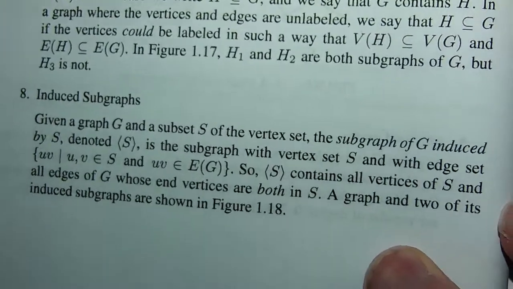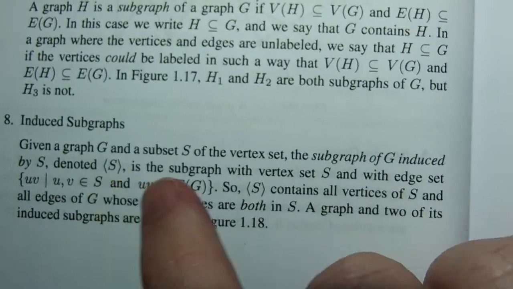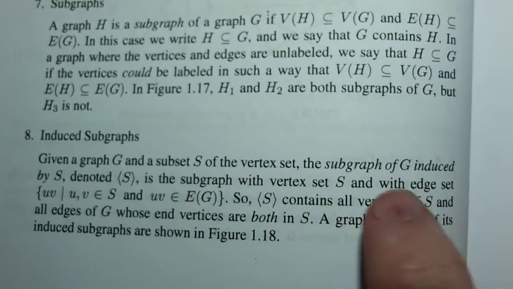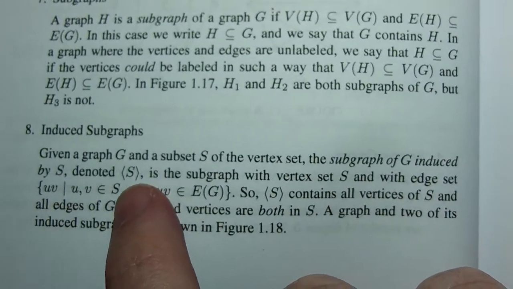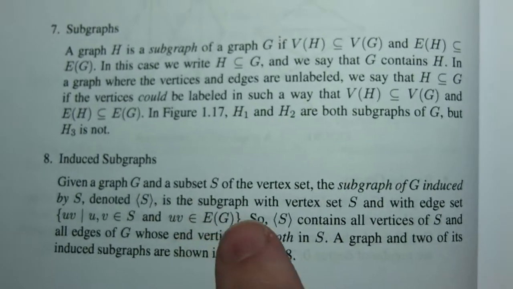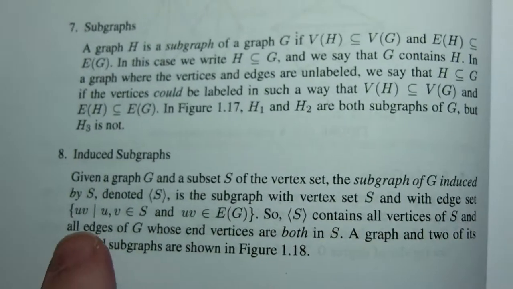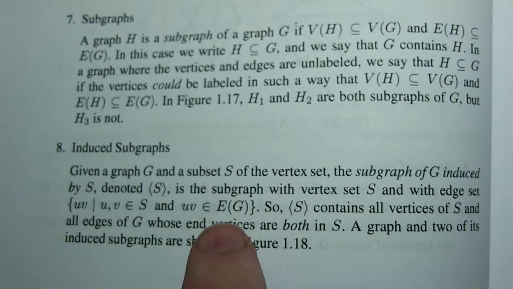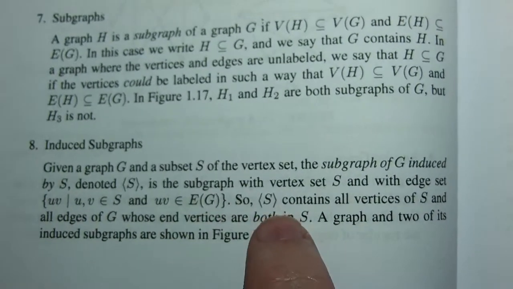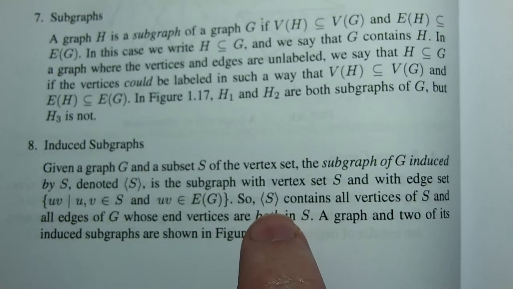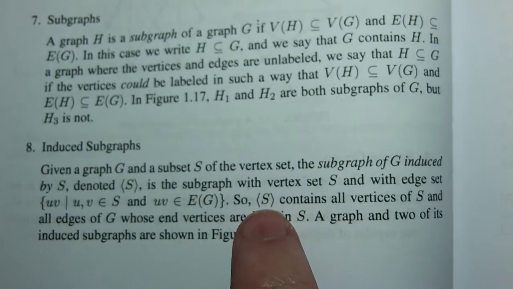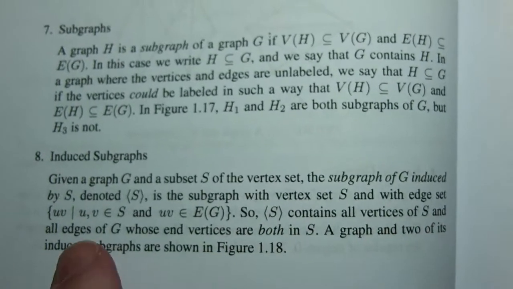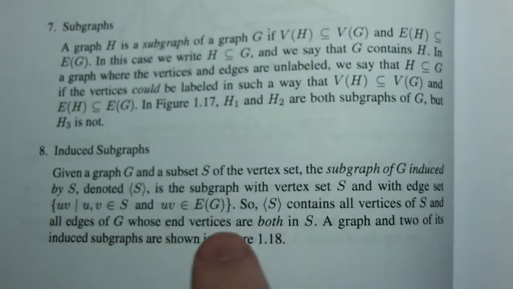An induced subgraph: given a graph G and a subset S of the vertex set, the subgraph of G induced by S, denoted by these corner brackets on S, is a subgraph with vertex set S and edge set the collection of edges uv such that u and v are in S and uv is an edge in G. So the subgraph induced by S contains all vertices of S and all edges of G whose end vertices are both in S.